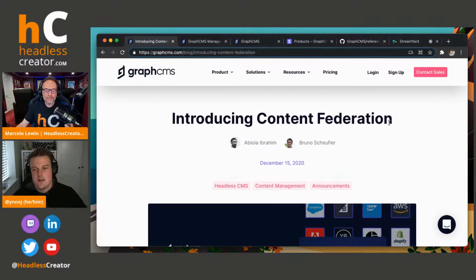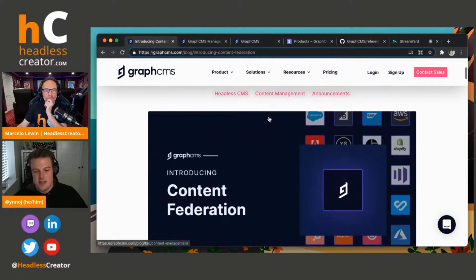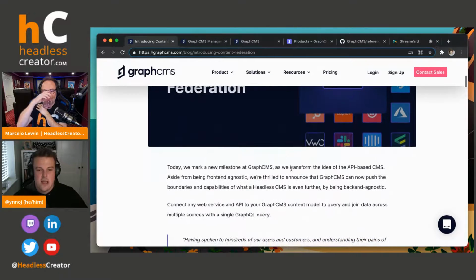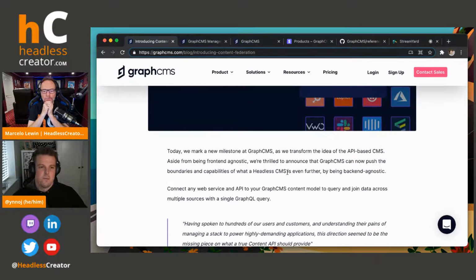All right. Today we're going to talk about content federation. It's a concept which we've coined. It's the idea of bringing content together from multiple APIs into a single graph API, or a GraphQL schema. This has been born from talking to customers about the problems they're facing when building modern day applications.